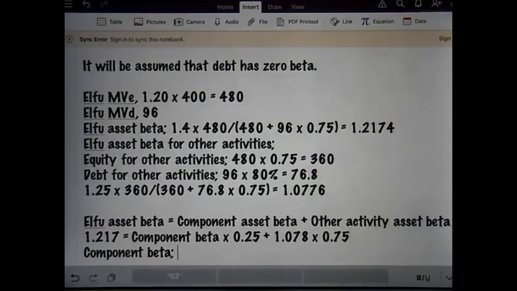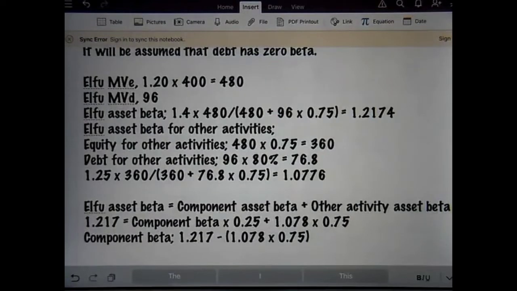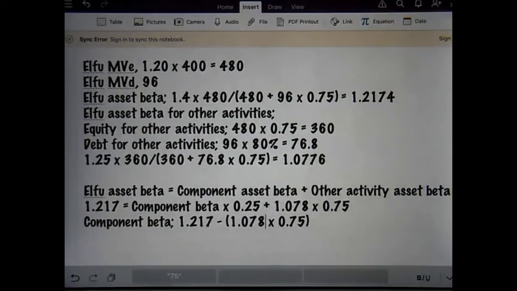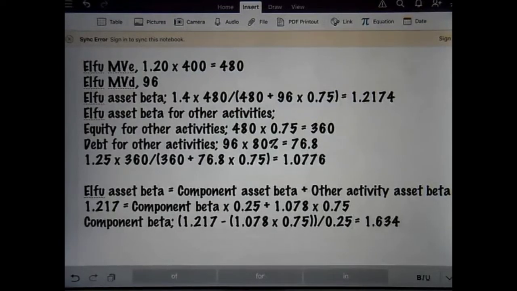Well, it's supposed to be, if I'm not mistaken, 1.217 minus 1.078 times 0.75, that's .634. Yes, no? Okay. Are we okay then? Yes, no? Can?